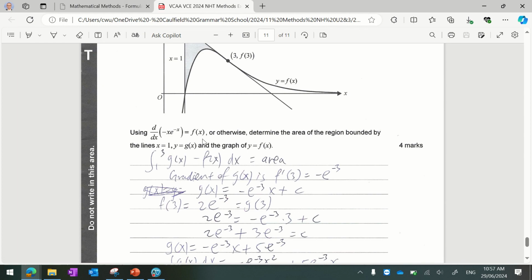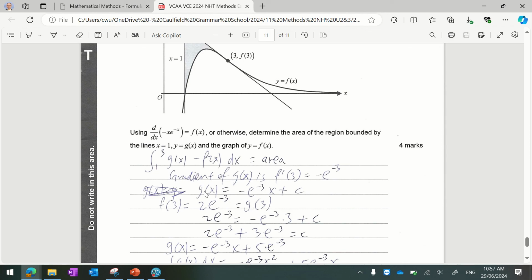To do this, I kind of need to find the equation of g first. So I look for the gradient of g, which is the derivative of f when x is 3. And then I put the gradient into a straight line form, plus c. And then this c value, I need to find by looking at a point that the graph g goes through, but the point that the tangent goes through is the point on the graph f when x equals 3.